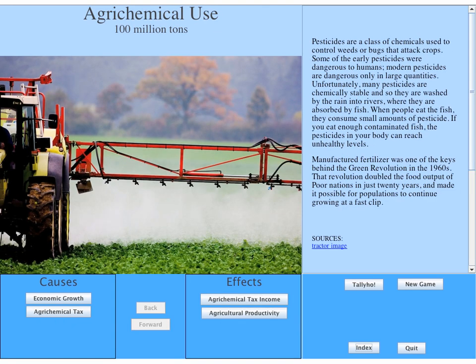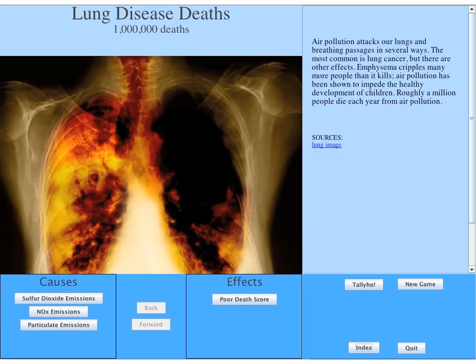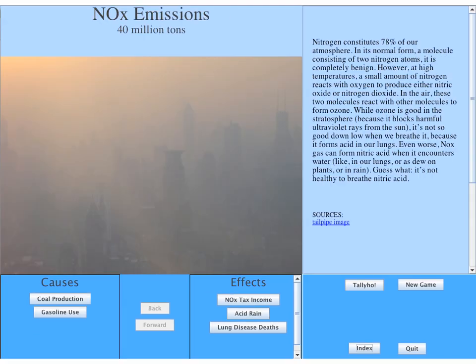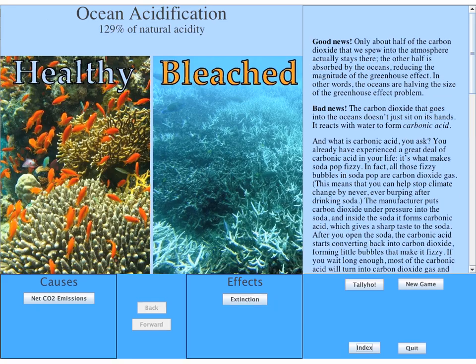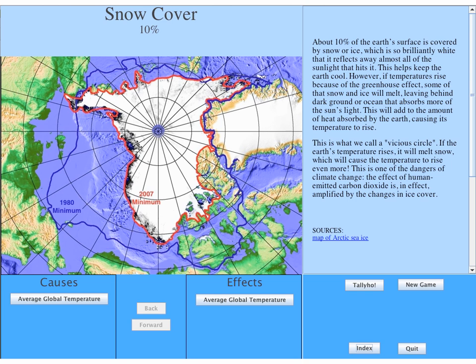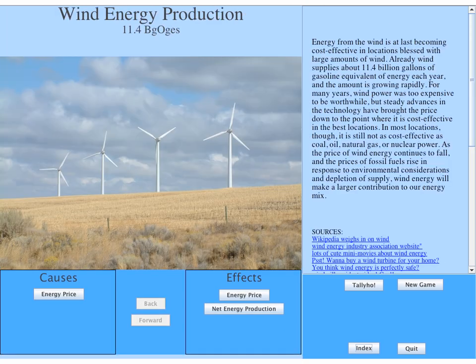There are more than 80 of these different environmental factors, such as agrochemical use, flood deaths, gasoline use, lung disease, NOx emissions, nuclear energy, ocean acidification, public transport, snow cover, sulfur dioxide emissions, wind energy production, and many more.